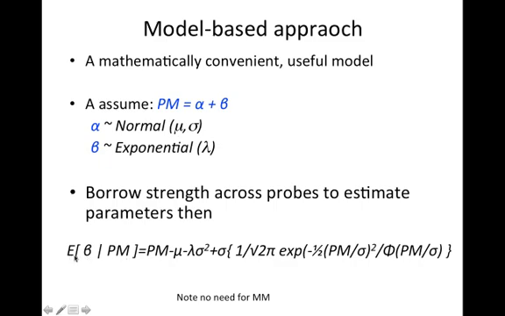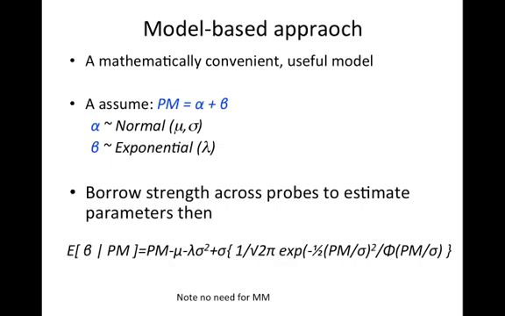And we do it in a way, using statistics, we estimate beta given the PM, and what this quantity minimizes is going to be the mean squared error. So instead of focusing on bias or precision specifically, it's going to minimize the mean squared error, which is a combination of both.